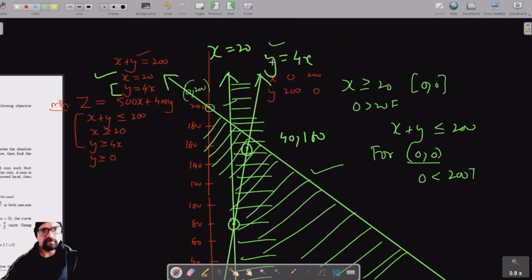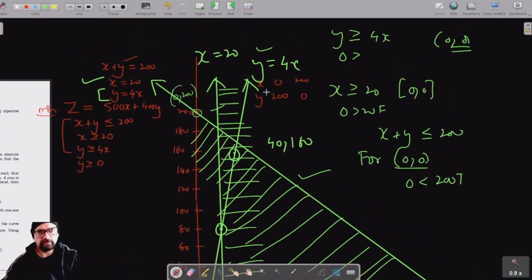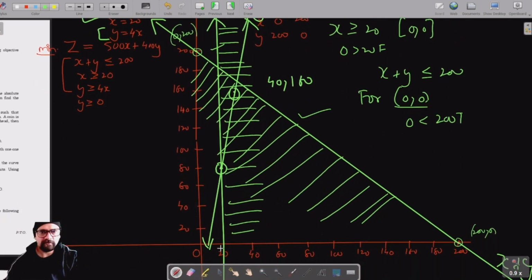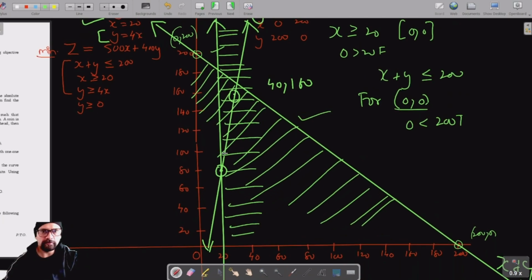Now we are left with y greater than or equal to 4x. Let's check it for some point.